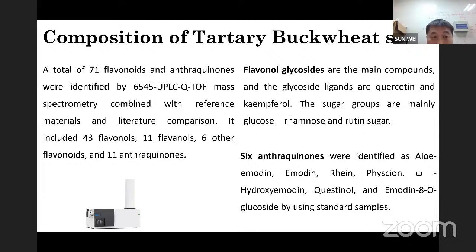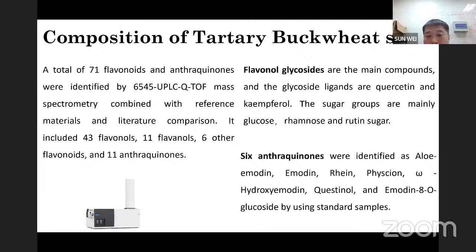It includes 43 flavonols, 11 flavones, and 6 other flavonoids, and 11 isoquinines. These compounds are mainly in the glycoside form.